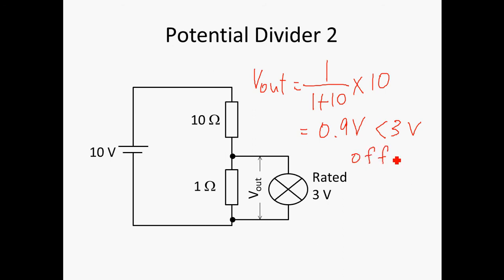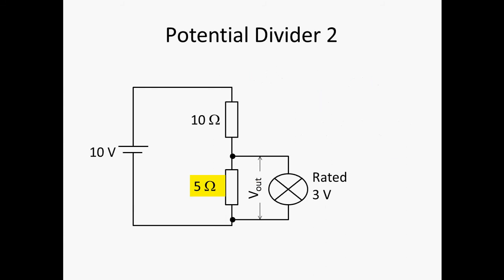Now imagine if you could suddenly change the resistance of this resistor here. Let's say now it becomes 5 ohms. What will happen to the V out? Let's calculate again. In this case, the V out is going to be equal to 5 over 5 plus 10 times 10.